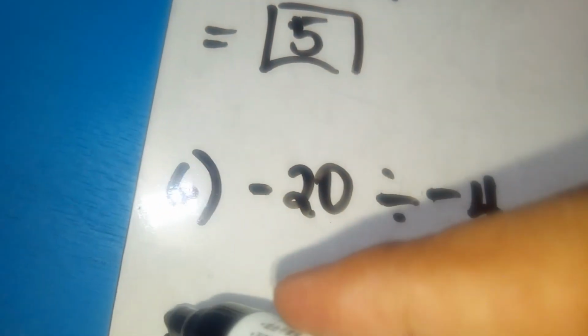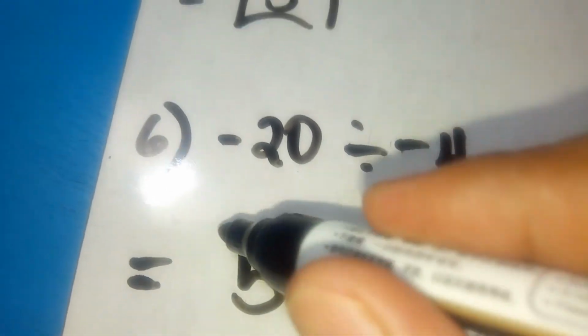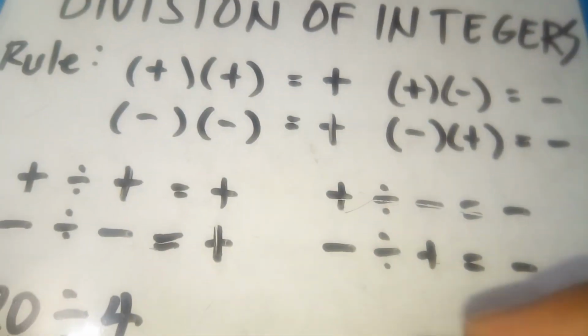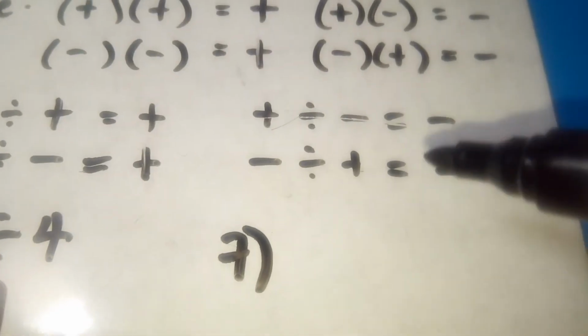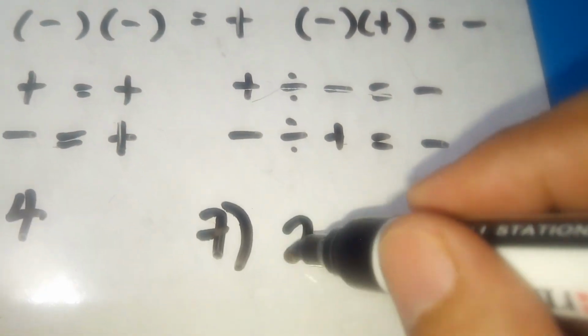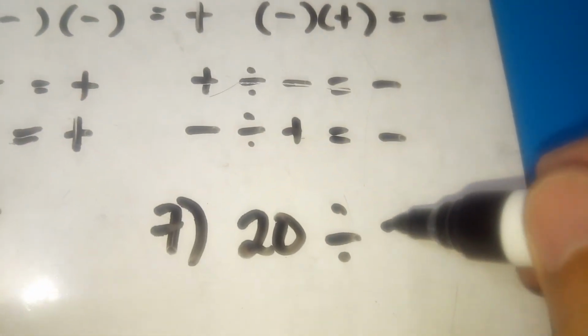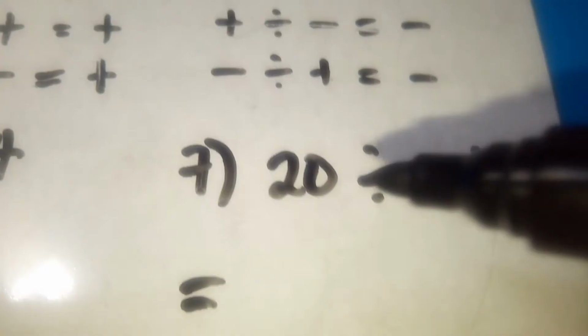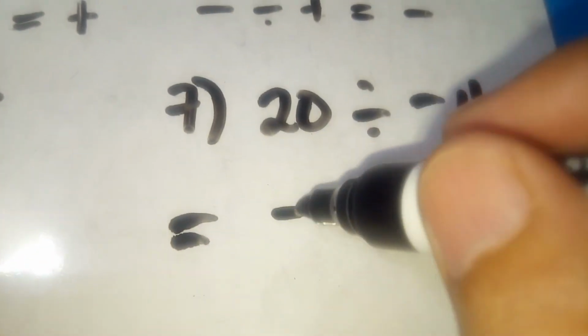The result will be positive, based on our rule. Number 7, a positive 20 divided by negative 4, the result will be negative 5.